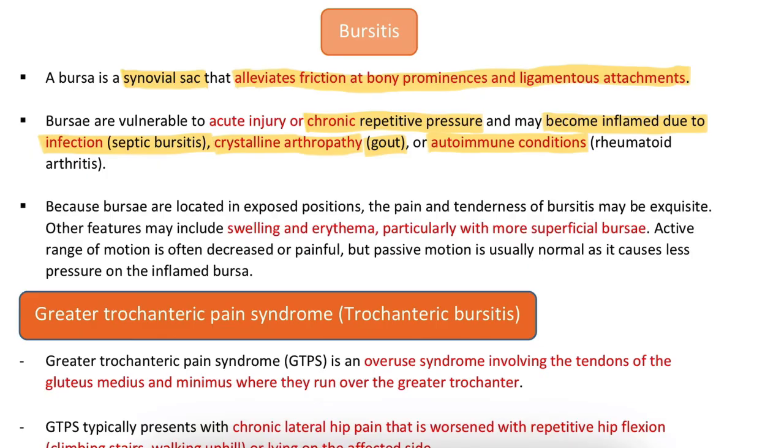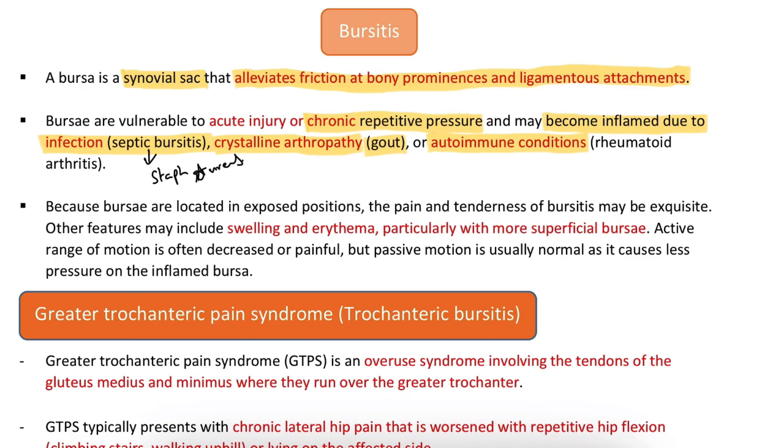A common cause of bursitis is infection, that is septic bursitis, and the most common organism is usually Staph aureus. We will discuss these microorganisms when we cover the First Aid guide of microbiology. Next, crystalline arthropathy, like gout, and autoimmune conditions like rheumatoid arthritis.